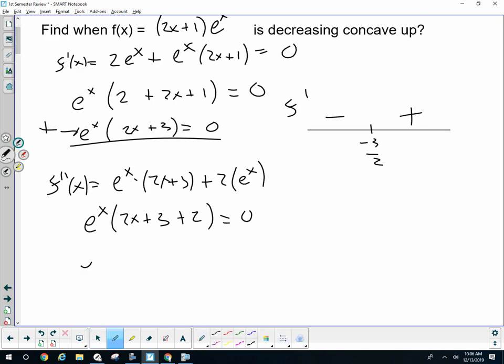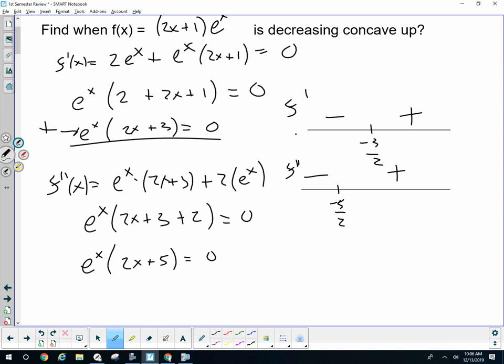I get e to the x times 2x plus 5. I'll get x equals negative 5/2, which is less than negative 3/2. So I'm going to plot that to the left of this. This is f double prime. I'm going to plug in values like 0. I get positives. Negative 8, that'll be a negative.